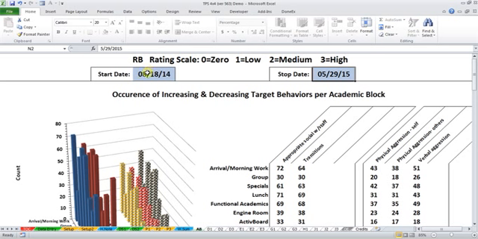But sometimes you want to be able to look at data for a smaller part of the school year where you have collected data, like maybe for the first month or during the period of time before a significant change in the intervention. And so you could put another day right here that would be the ending time for your analysis.